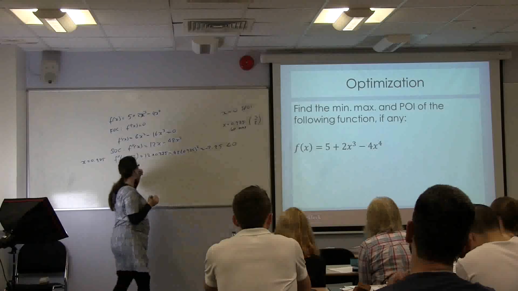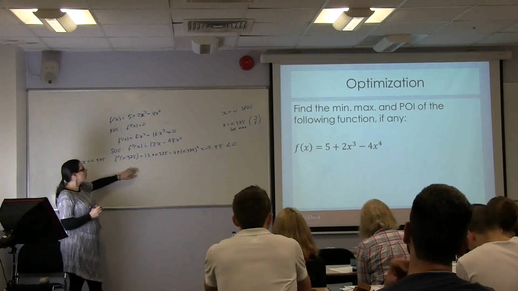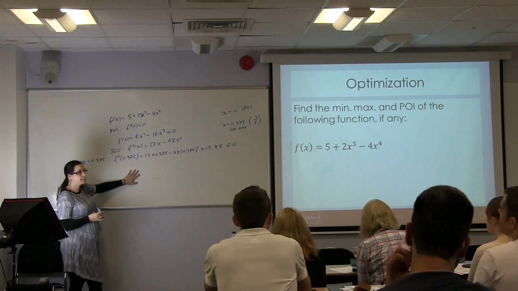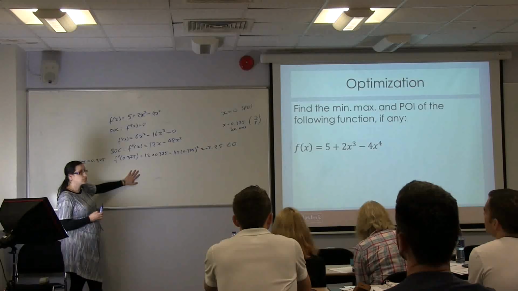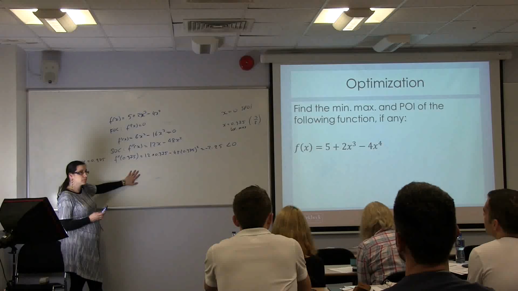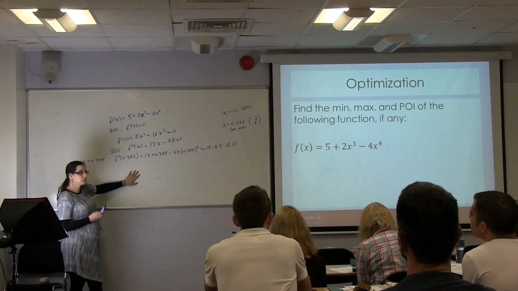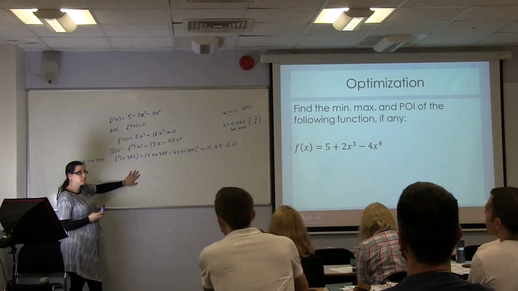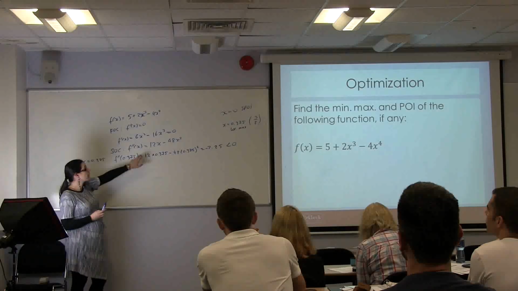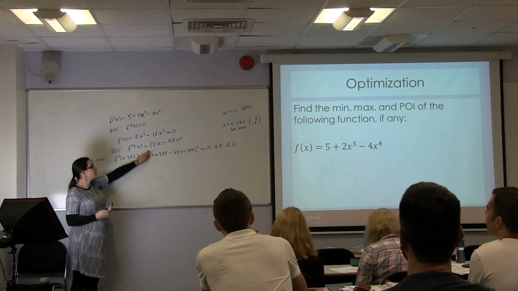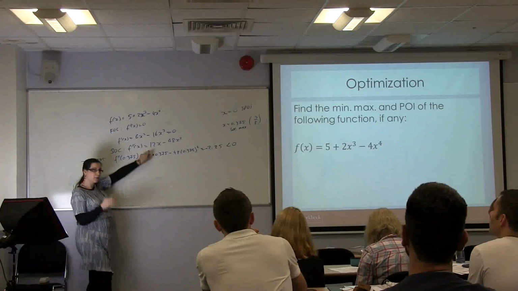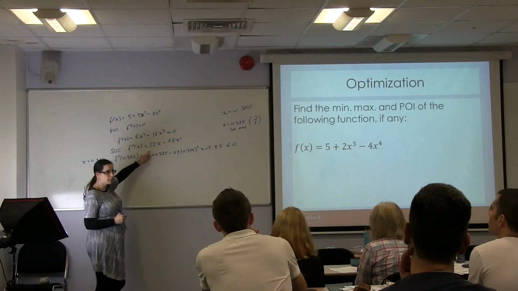Why do I know that this is not a global maximum? Yes, because the second order derivative is not the same sign for each of the values of x.